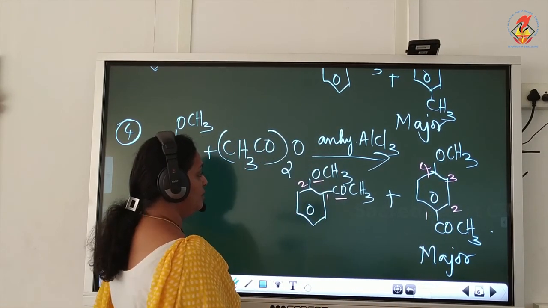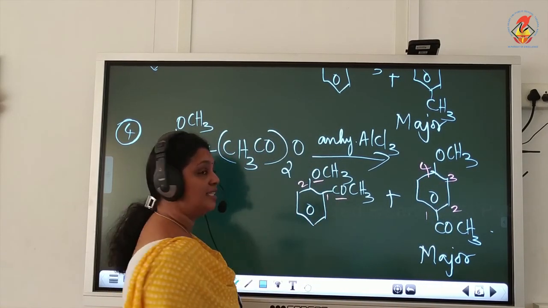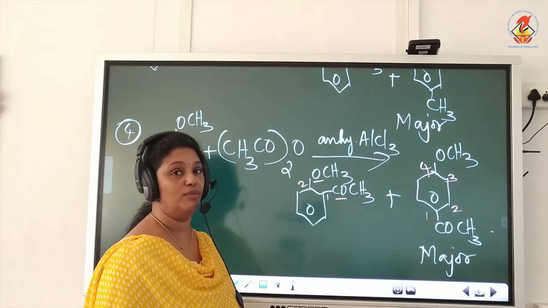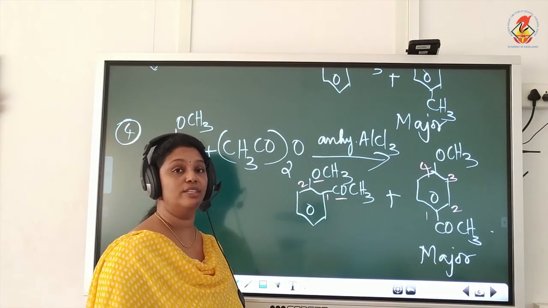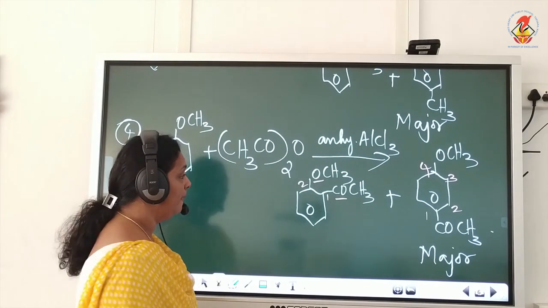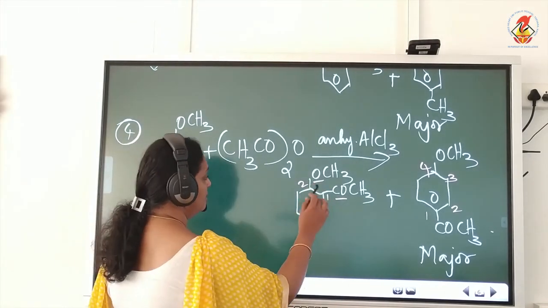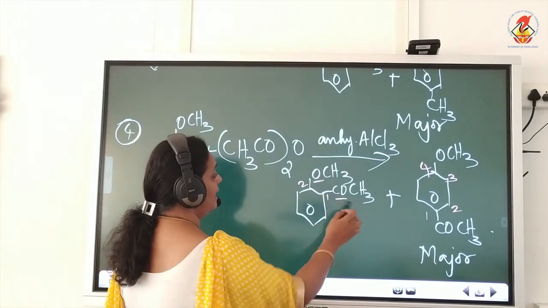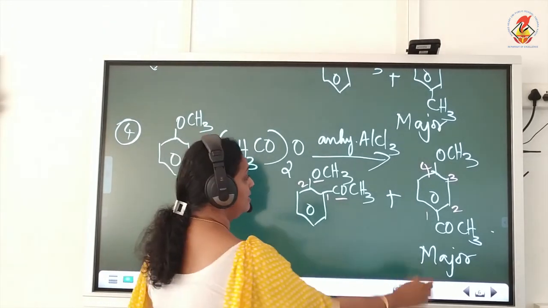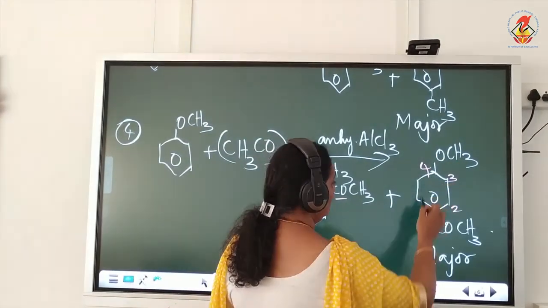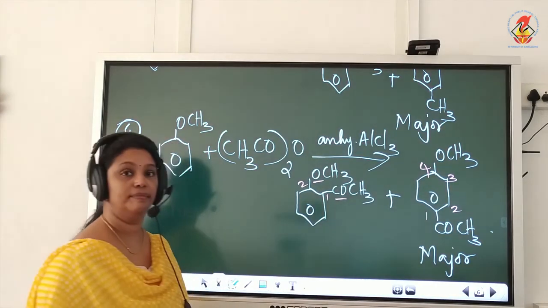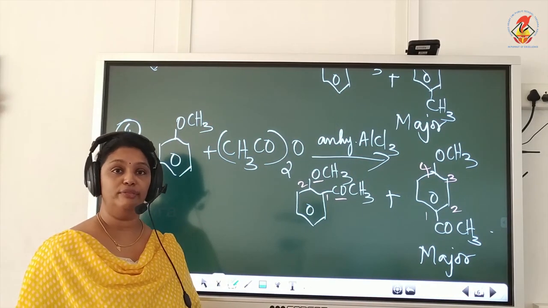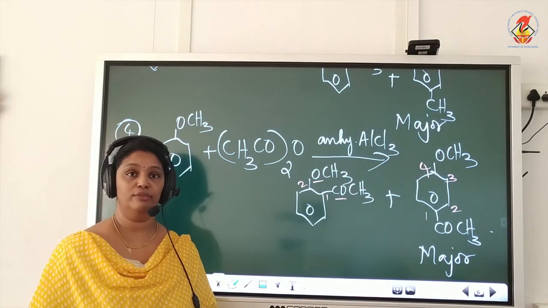Now you know if there is no OCH3, this is acetophenone. The compound C6H5COCH3 is acetophenone. Now the name of this compound is 2-methoxyacetophenone and this is 4-methoxyacetophenone. And you have no sulfonation reaction to study for ethers.